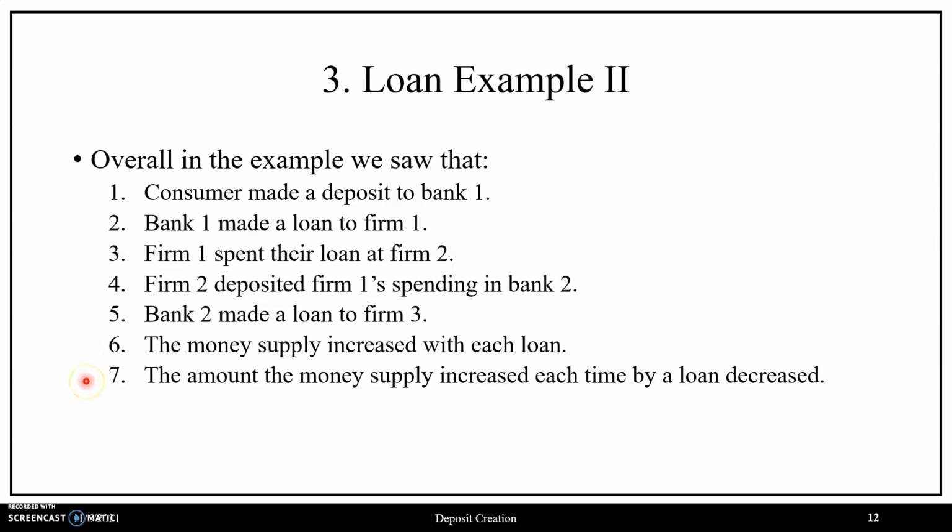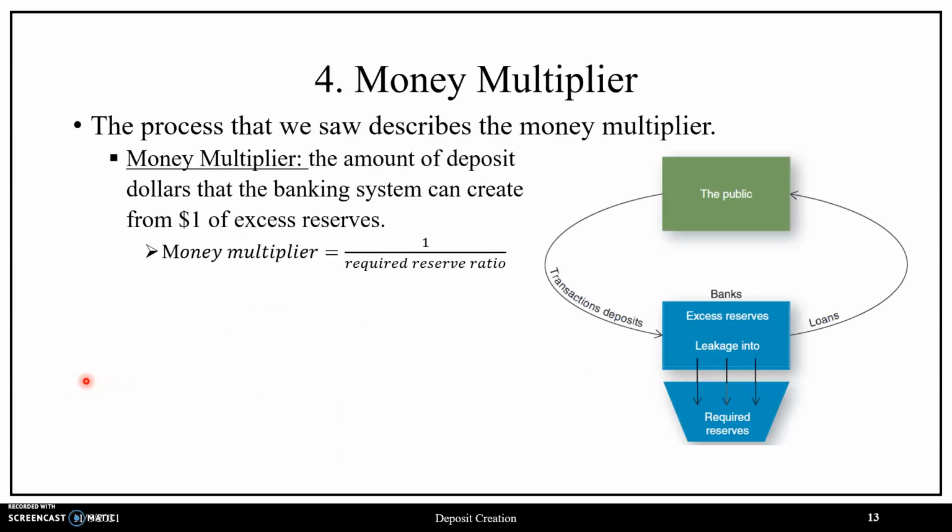The amount the money supply increased by each step, the loan amount, decreased, and overall this process describes that of the money multiplier, which is the amount of deposit dollars that the banking system can create from $1 in excess reserves, or mathematically 1 divided by the required reserve ratio.